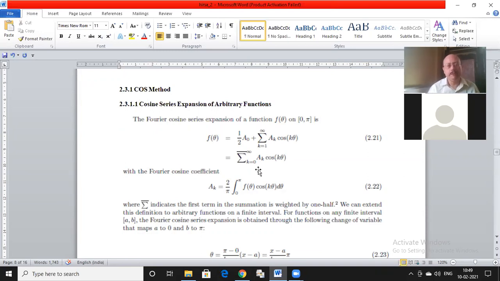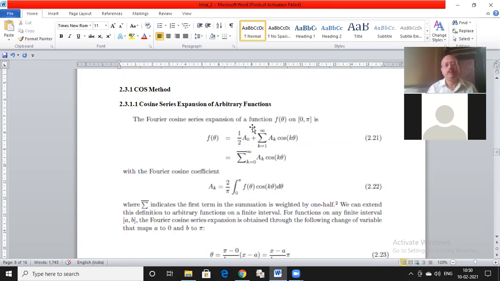A little bit of notation. This summation here in this equation 2.21 in this book is written in this following way. So the summation is written from 0 to infinity with an additional bar above to indicate that the first term, which is a0, because cos will be 1, is given the weightage half.